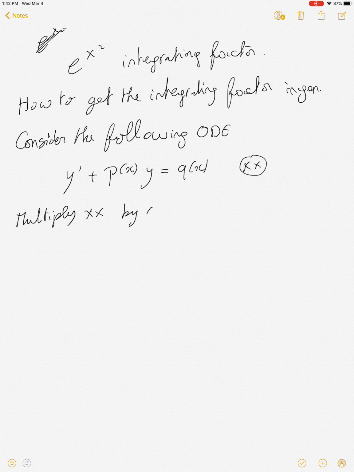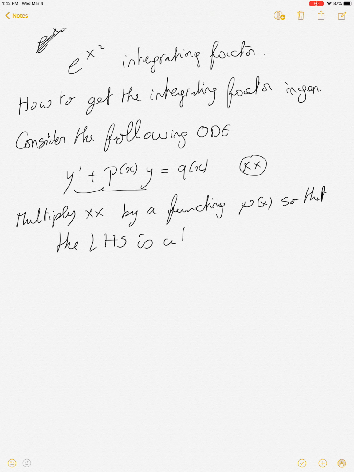The goal is to multiply it by a function mu(x) so that the left-hand side of the equation is a total derivative, which means a derivative of one function.